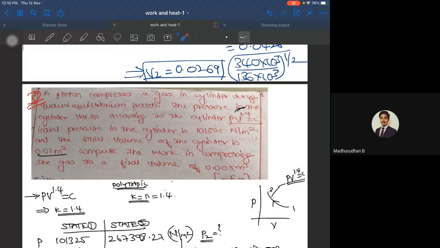Here he has mentioned gas, and has not mentioned which type of gas, and we don't know the value of gamma for the gas. That's why we have considered it to be a polytropic process. Clear, Anish? Yeah, sir. Okay.